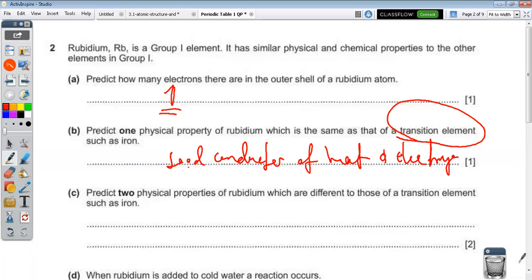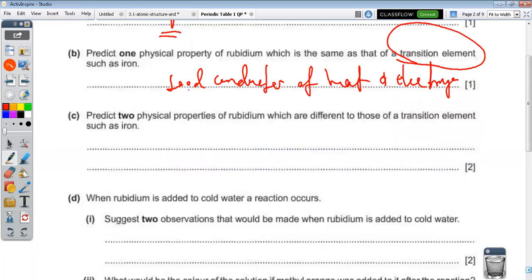Now predict 2 physical properties of rubidium which are different from those of transition metals. I actually gave you a clue. They are soft. What else as a physical property? They have low melting points.